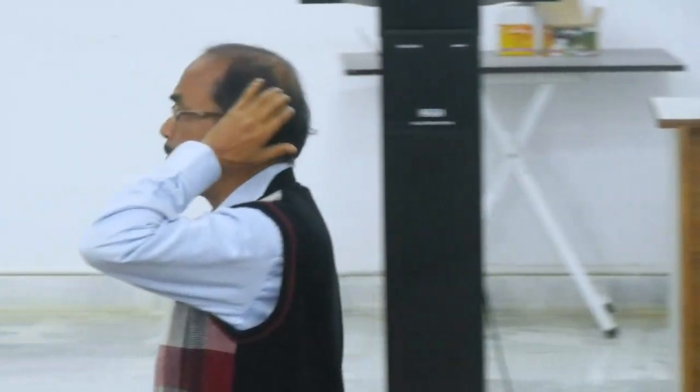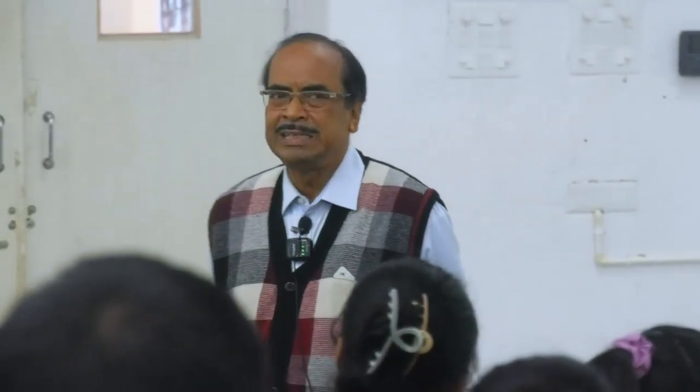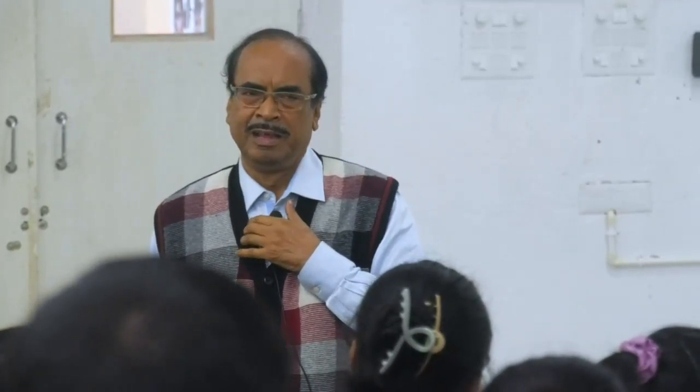As for example, a person is suffering from iron deficiency anemia. If there is deficiency of iron, what happens? The person becomes weak. He is prone to different diseases. His work efficiency is lost.